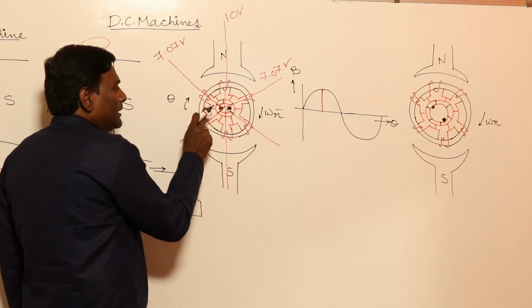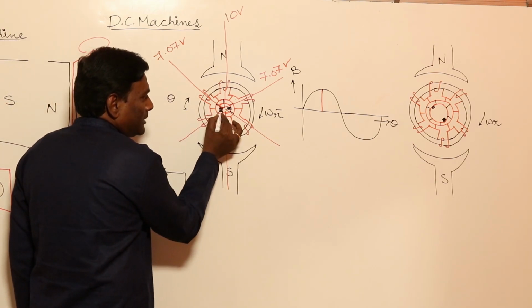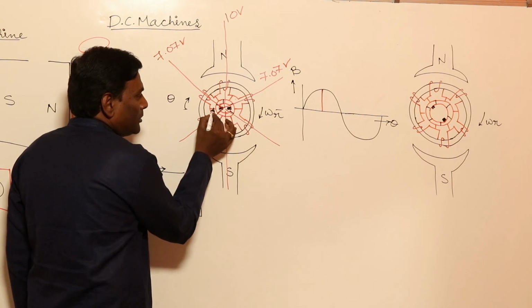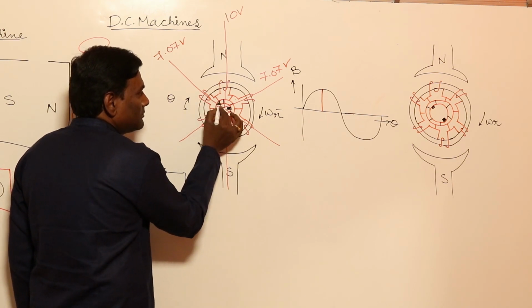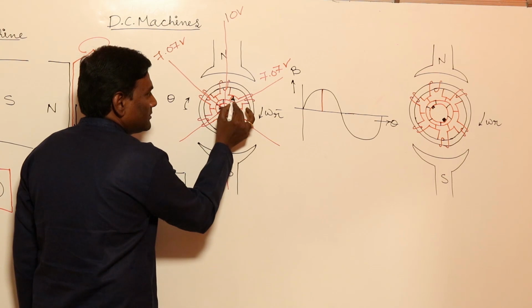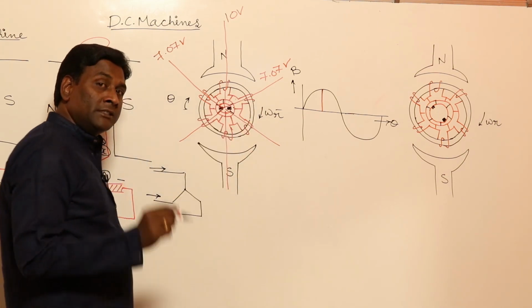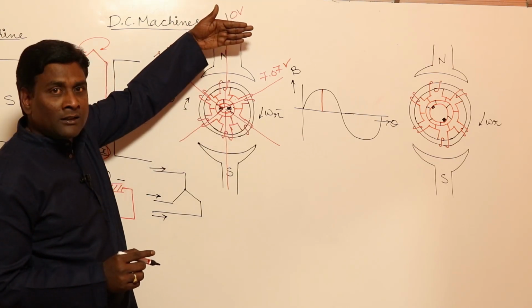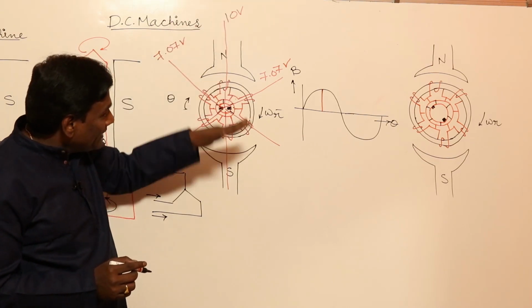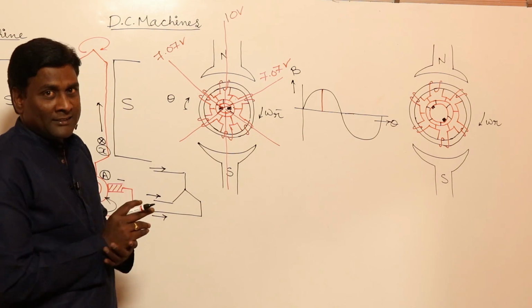See here, from the brush through the commutator, this induced voltage is going to be series connected or not? Yes. So under the N pole region, all the coils are series connected. Under the S pole region, all the conductors are under series connection.